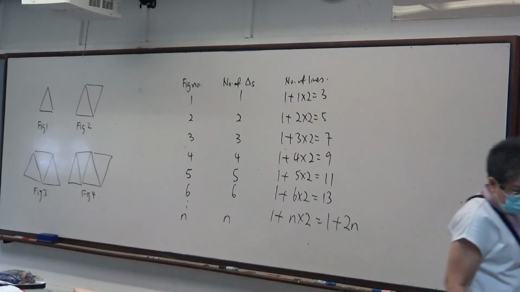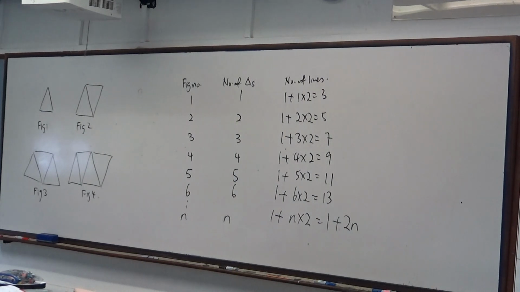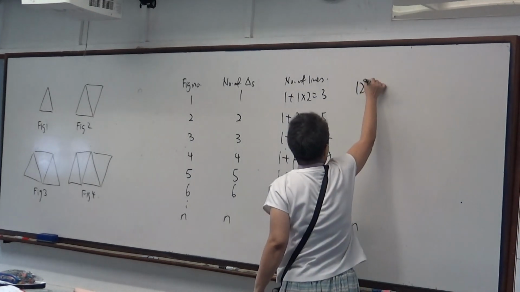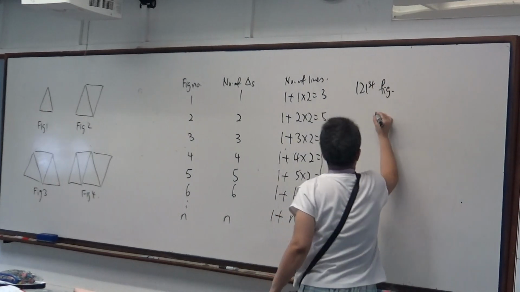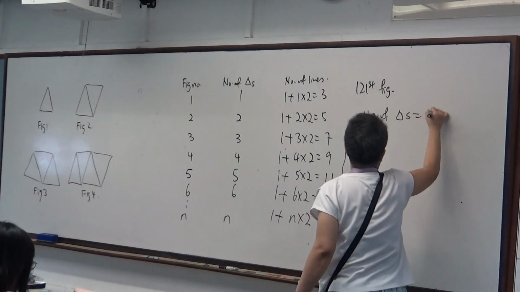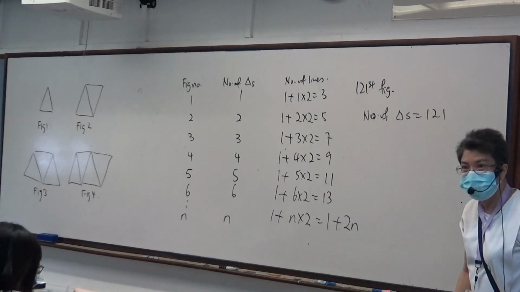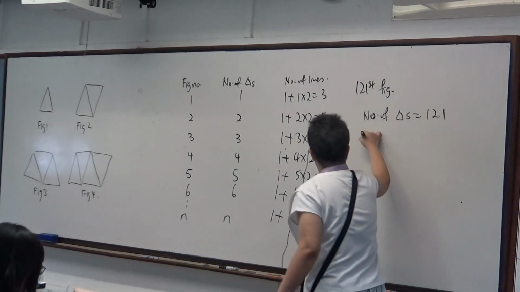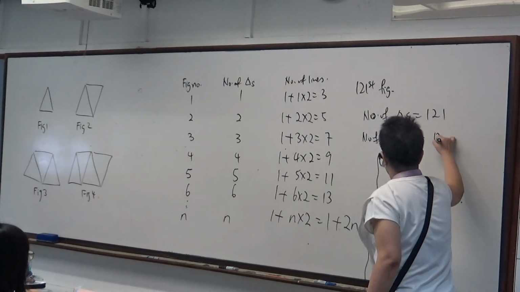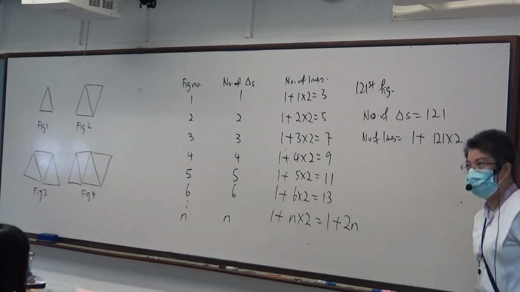Okay, now next question. Calculate the number of triangles and lines in the 121st figure. Do you agree that the number of triangles will be 121? Correct. How about the number of lines? Will be 1 plus what? 121 times 2, right?